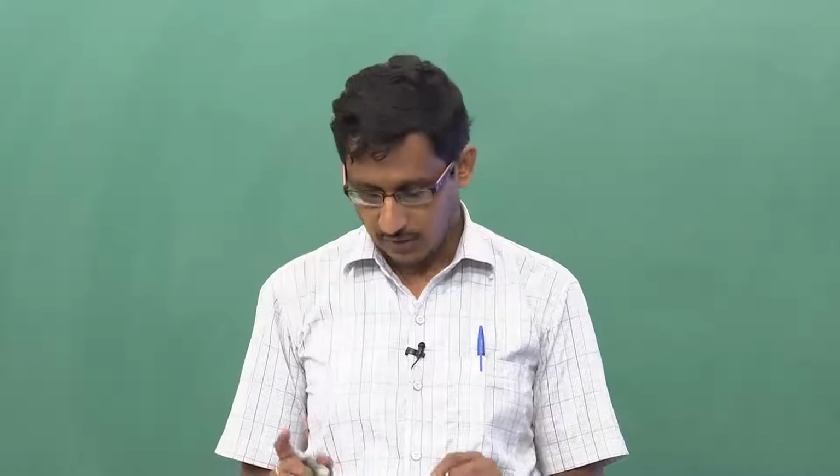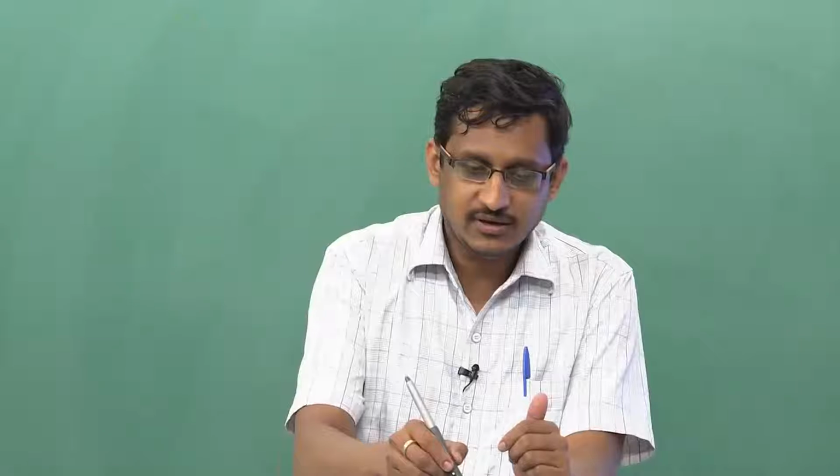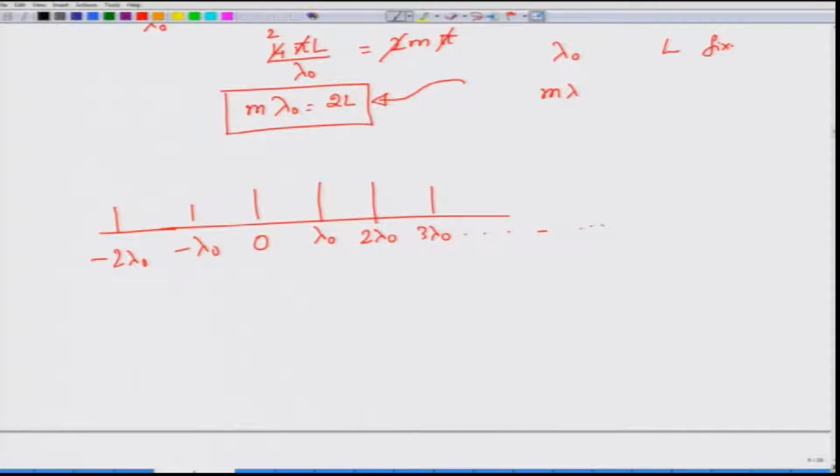Now, there is one additional thing that happens over here. We said that this cavity contains a gain medium, and this gain medium consists of those two energy levels we talked about, 1 and 2.